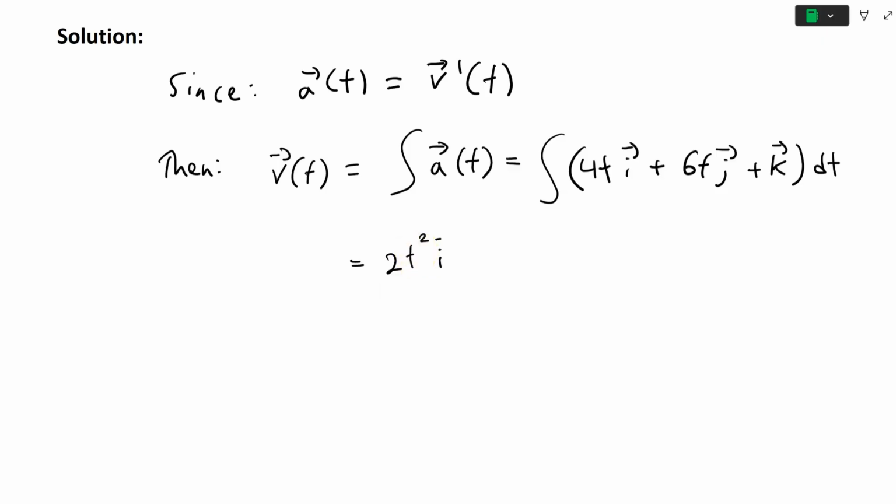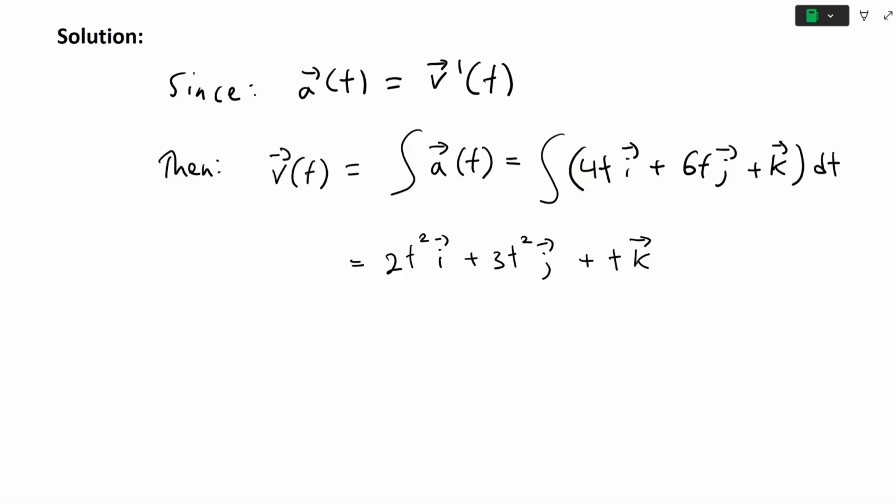So 2t squared i, plus now we have t squared divided by 2, so 6 divided by 2 is 3, so 3t squared j. The next one is just t, plus t k component.